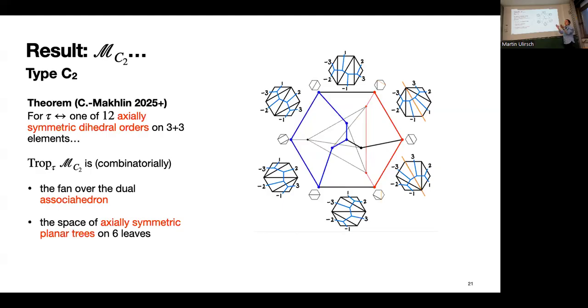So an axially symmetric subdivision has a folding across the axis. And there's going to be 5 trees that are axially symmetric in this planar order. And you can see that in kind of a weird way. So you add a vertex to this axis of symmetry, and now you have 1, 2, 3, 4, 5.